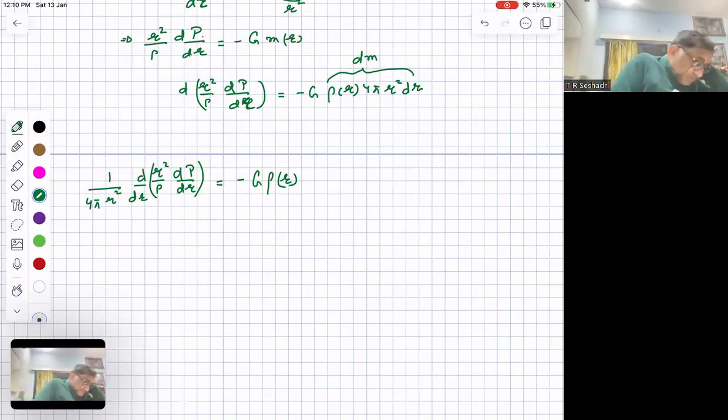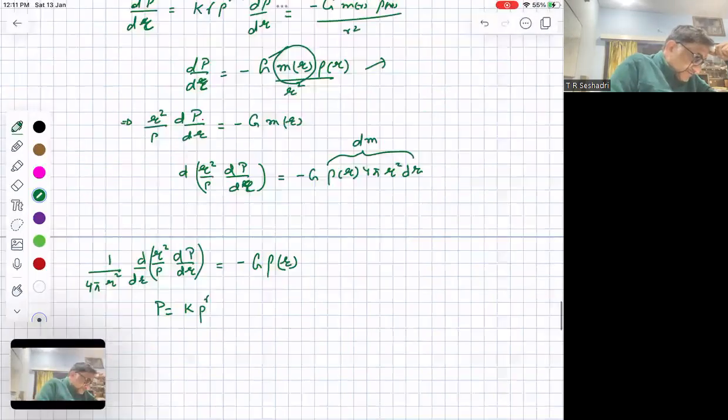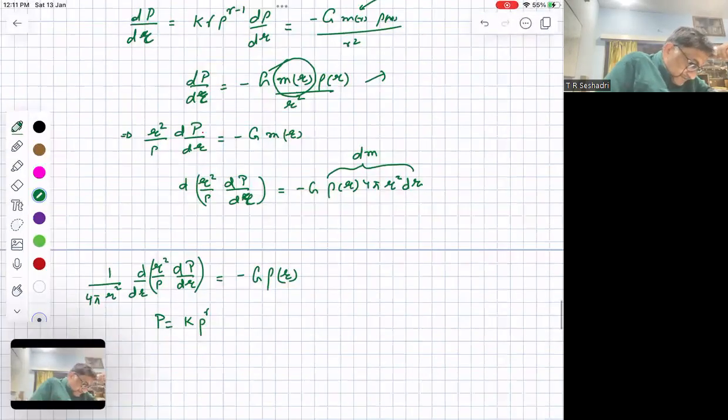Okay. And now I can substitute P equal to K rho power gamma. And then if I substitute that into what we have got, we will get 1 by 4 pi r square. I keep writing this r square here out of habit.